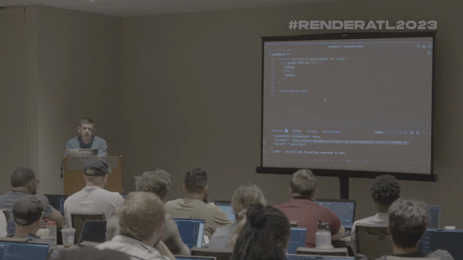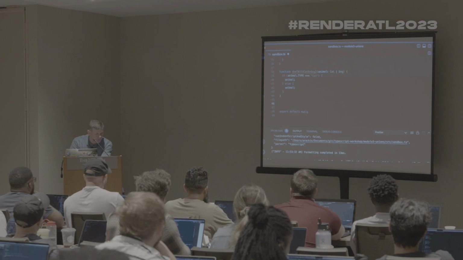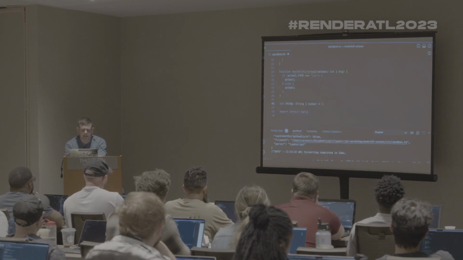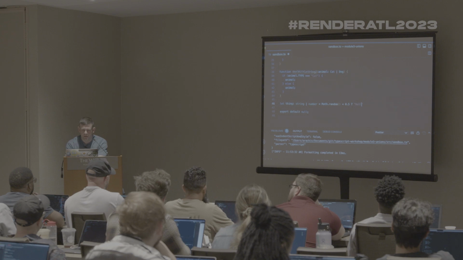So a few times before, we have said something like, let's have a variable of type string or number, and maybe it'll be a string, and maybe it'll be a number. We actually don't even know. Even at runtime, it'll be one or the other.